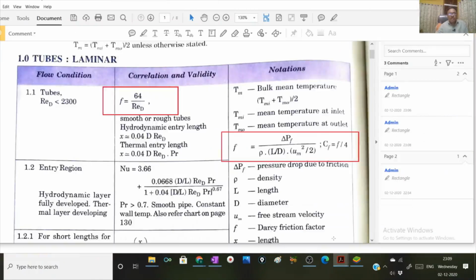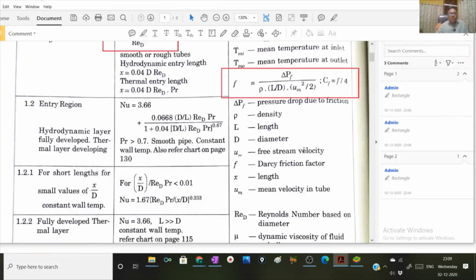Let me check once again. Yes, this is the formula.